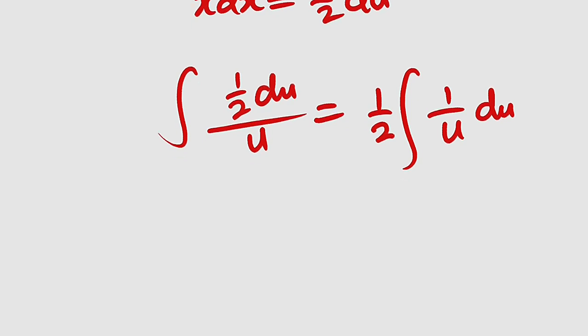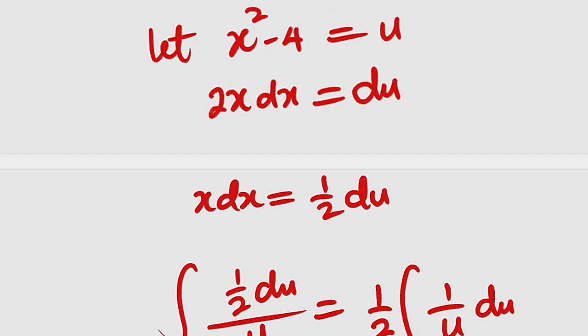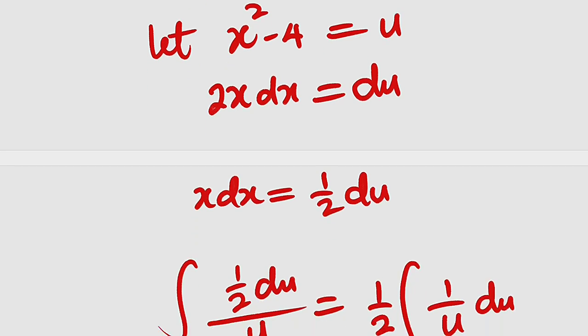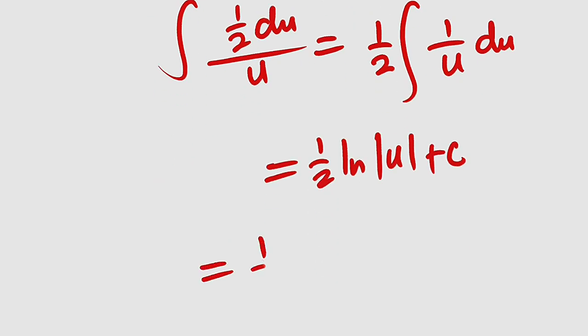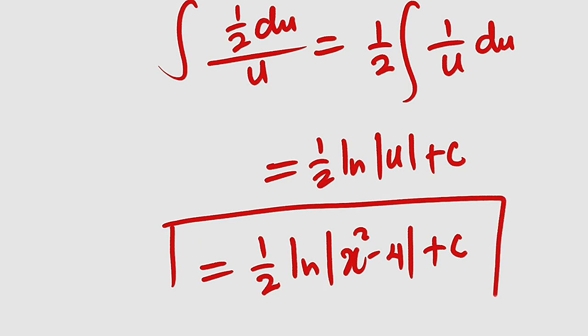You should know that the integral of 1 over u is equal to the natural log of the absolute value of u. 1 over 2 natural log of the absolute value of u, then plus the constant of integration. But what is u? u is nothing but x squared minus 4. So this is 1 over 2 natural log of the absolute value of x squared minus 4, then plus the constant of integration. This is the second method.